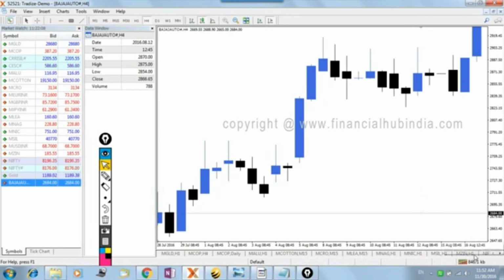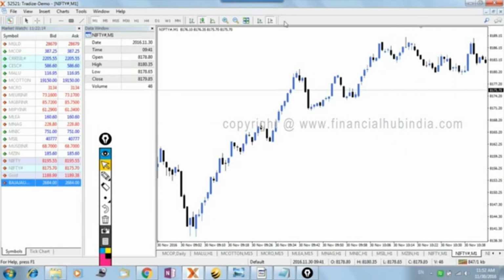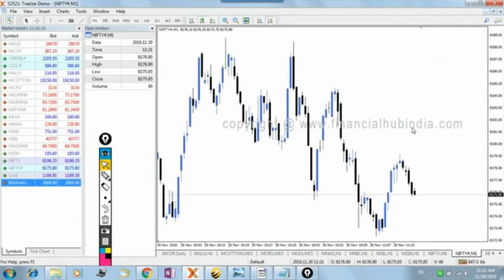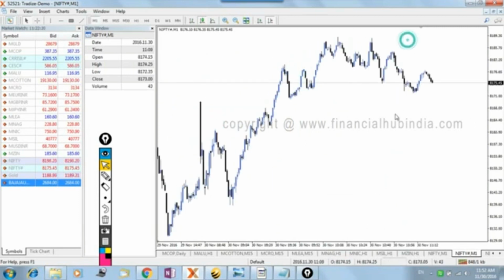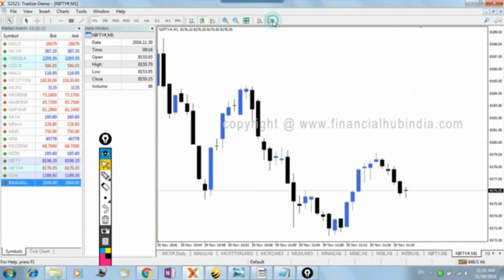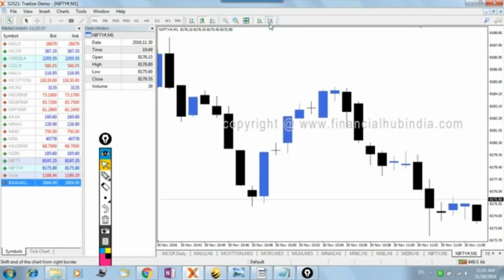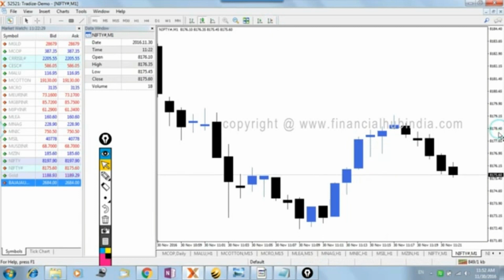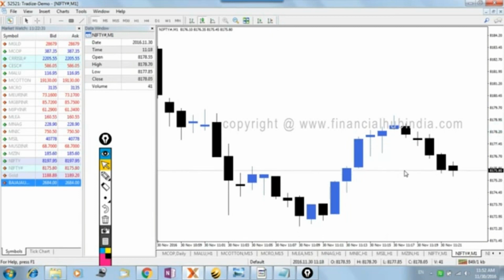So let's see how the lower time frame candles are forming. Now we have a 1 minute chart, and just have a look at the chart for a minute. Every candle is formed after a minute, so every candle represents that 1 minute's opening, high, low and close.